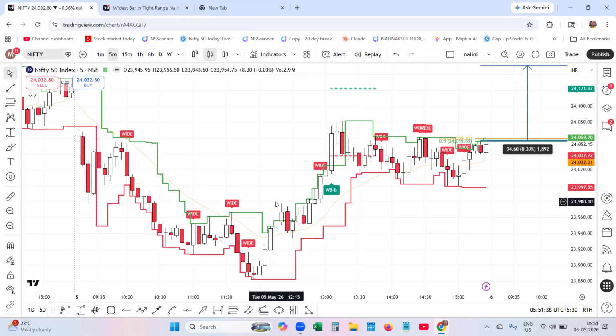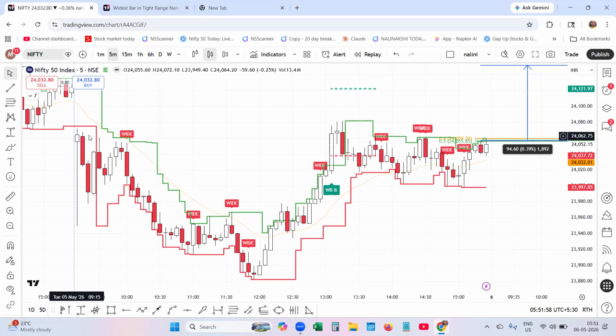I'm going to the Nifty chart, and I've added the range high and range low. When the price starts contracting, you can see the ranges over here. I'm on the 5 minutes chart of Nifty.